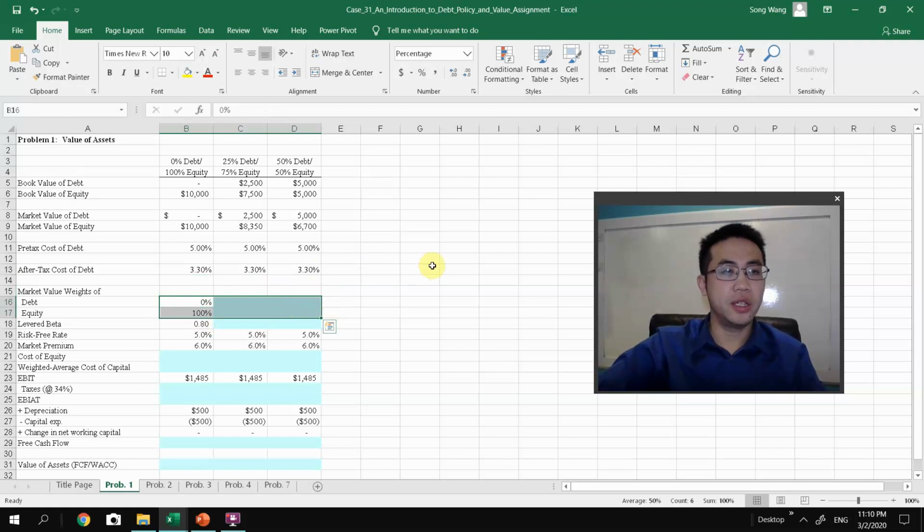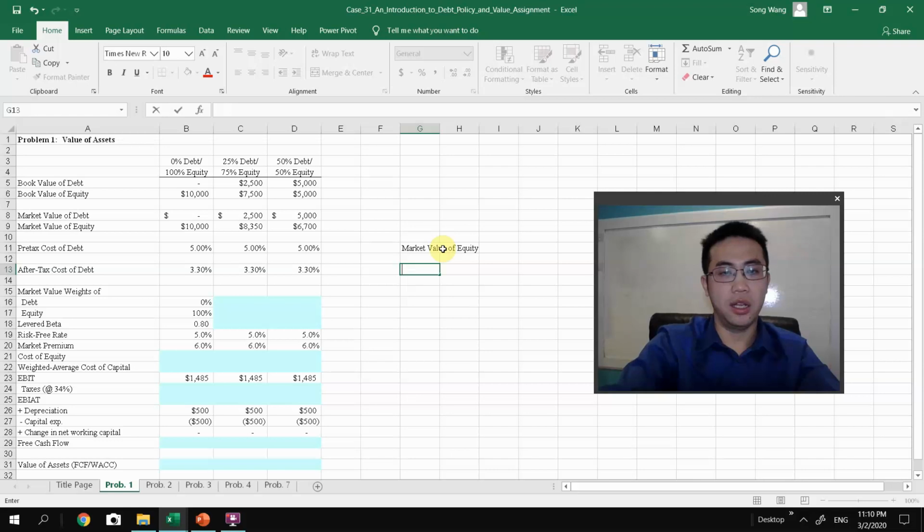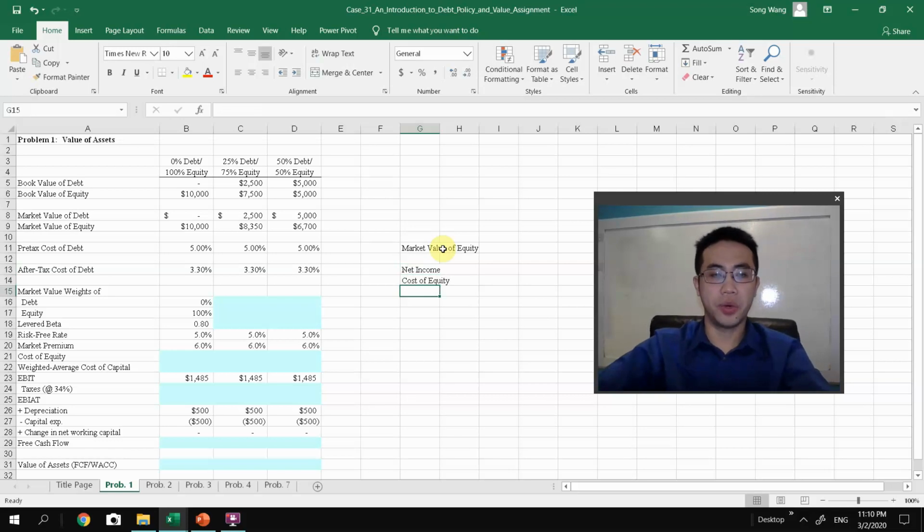In order to get the market value of equity, you need two things. First, the net income of each year, and second, the cost of equity. Cost of equity is also the return on equity, and we have done a CAPM analysis in class to figure out what the cost of equity is.